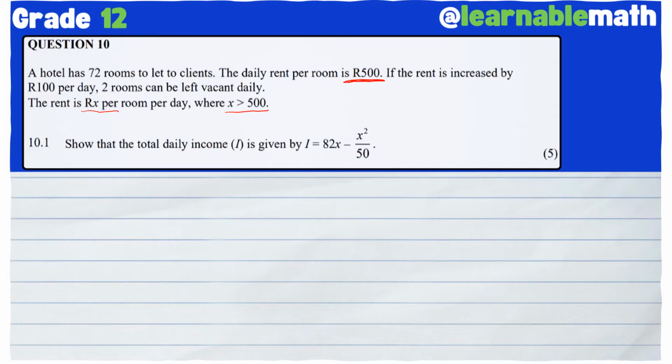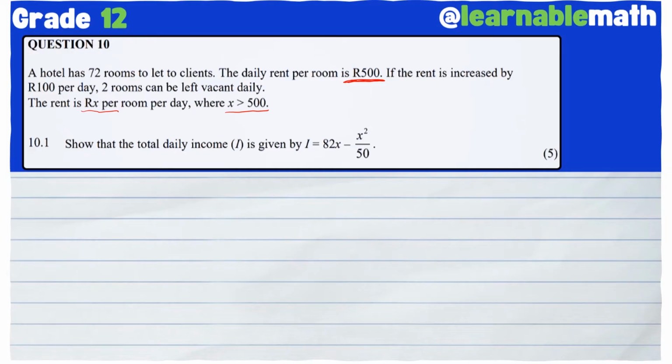So the question is saying you have to show that the total income will be given by I equals 82x minus x squared divided by 50. So that's the expression we want to really generate, or rather mathematize and model. So how do we generate the income as given in this question?